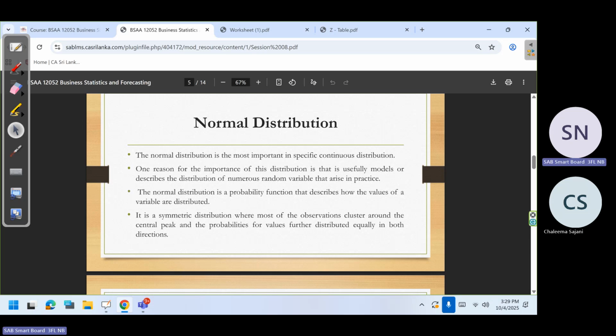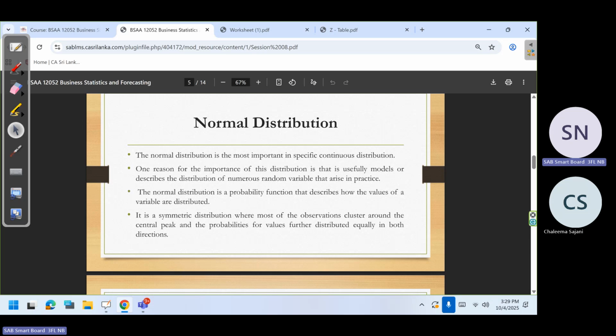If someone asks what the normal distribution is, you can now explain it in one sentence: the normal distribution is a continuous probability distribution. Here we use only the continuous random variable.